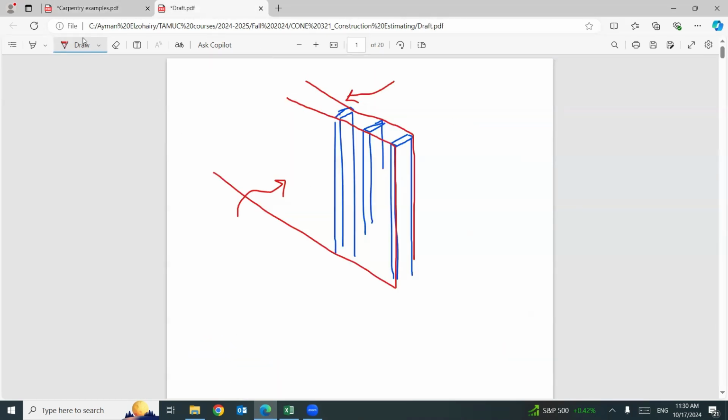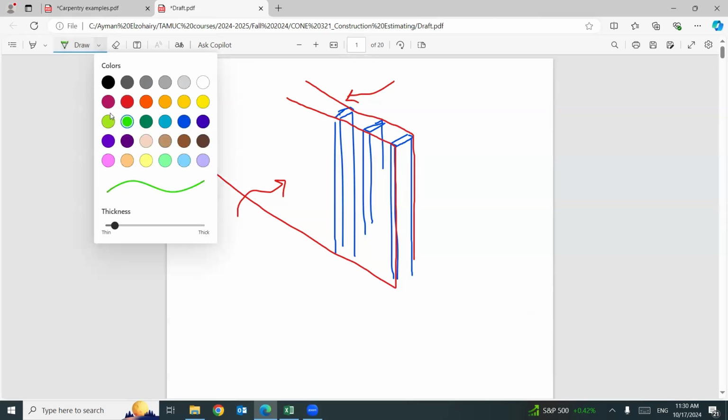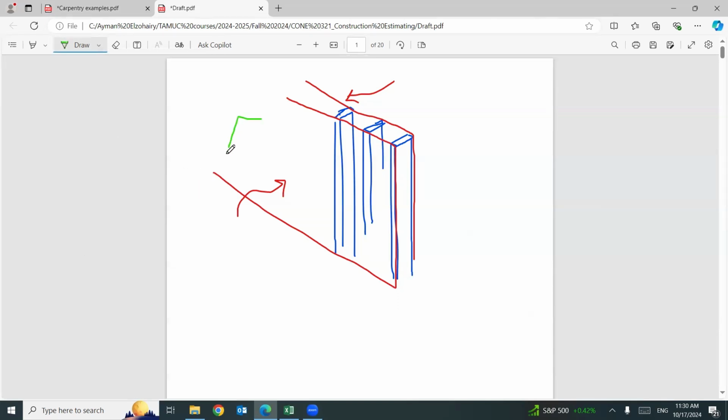And keep in your mind, if you are going to subtract the door from this side, the door will be subtracted also from the other side. That makes sense because you are going through the door and getting to the other side. So this side of the board and this side of the board must be subtracted by the door area.